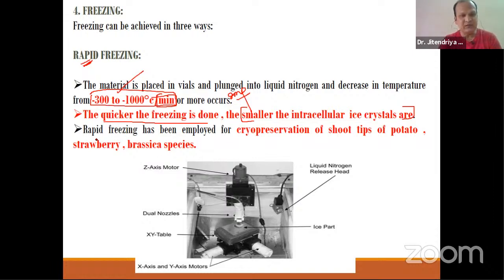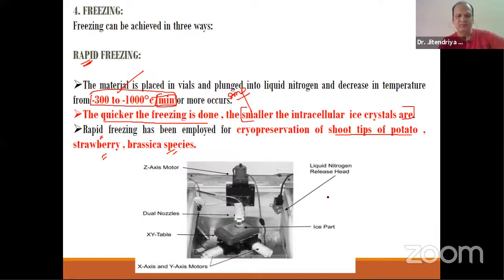In which category can rapid freezing be preferred? Examples are shoot tips of potato, strawberry, or brassicas. Mostly in these conditions it has been utilized. This has been shown here, how it occurs in that process.